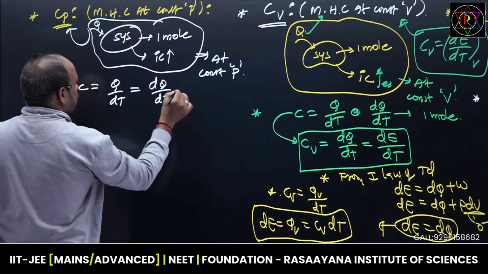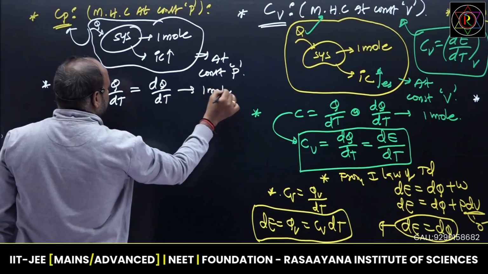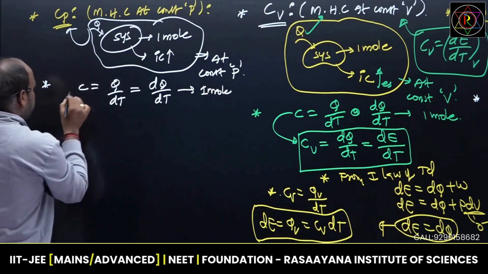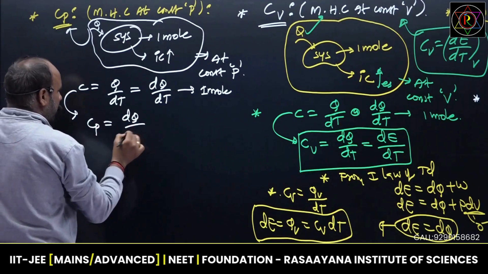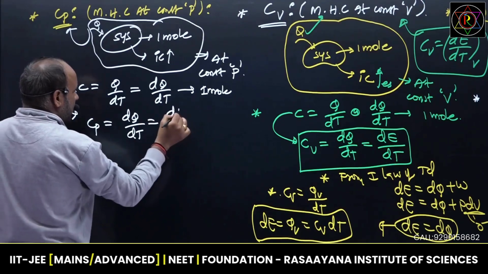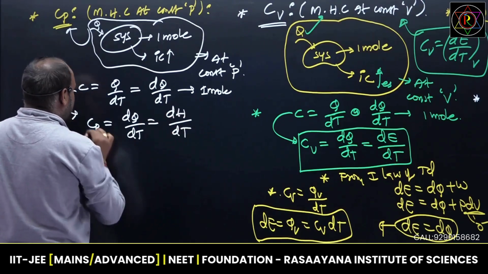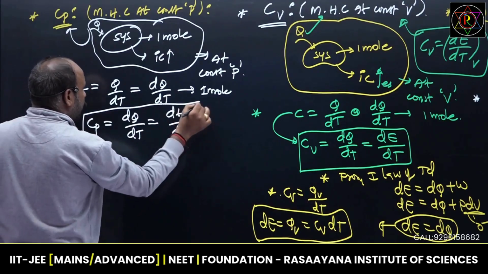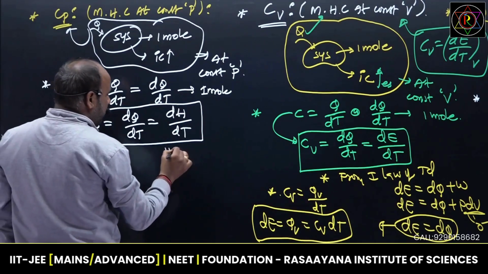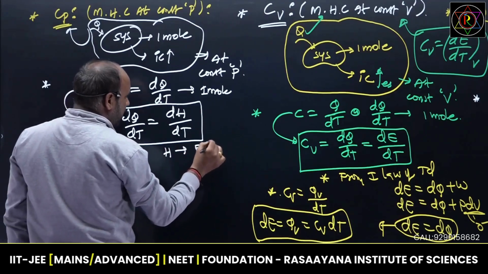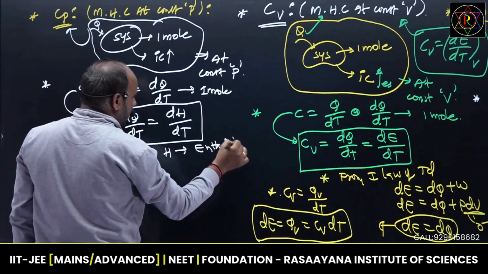This is the heat capacity. This is applicable for 1 mole, right? When this C becomes Cp, this dQ by dT becomes dH by dT. Means dQ is equal to dH, where H is the heat content of the system or enthalpy of the system.